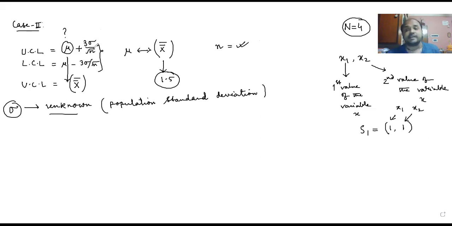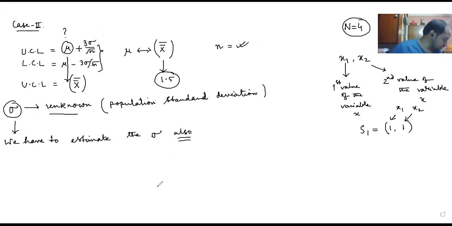So how to know sigma? We cannot calculate sigma, but we have to estimate it. Since sigma is not known, we have to estimate the standard deviation sigma also. But how to estimate this?